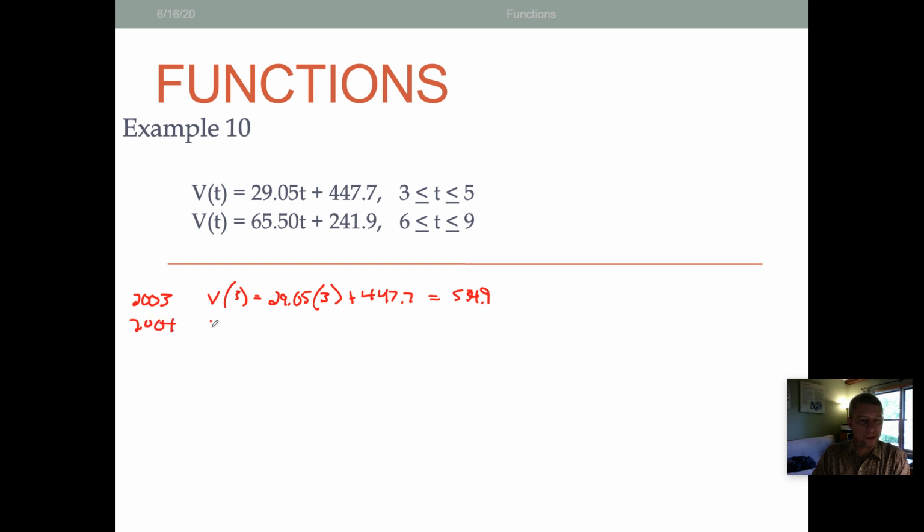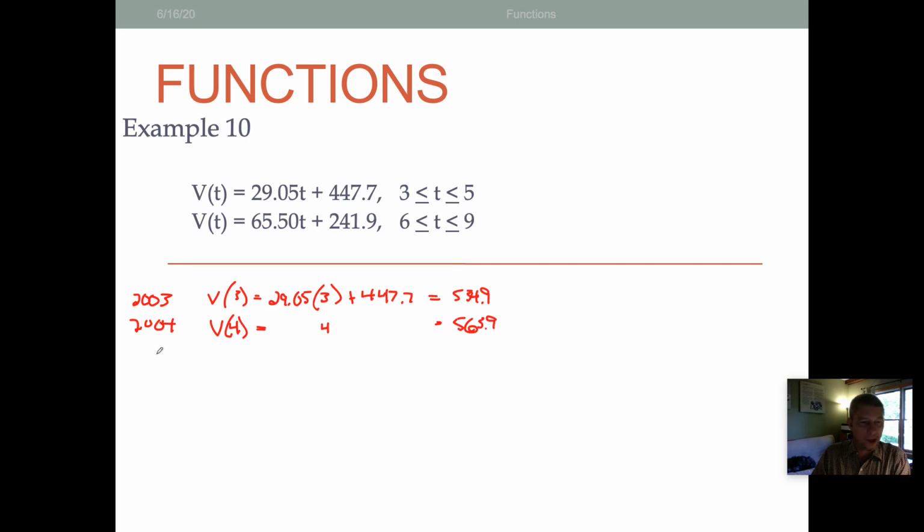Same thing for 2004. In this case, V of 4 equals the same thing, except we're going to put a 4 here. And that's going to give us 563.9.